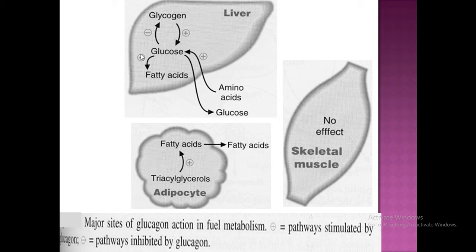But the conversion of glucose into fatty acid is inhibited. More amino acid uptake by the liver increases under the effect of glucagon. In the adipose tissues, triglycerides are converted into more and more fatty acids so that they come into the circulation and there is an increase in the plasma fatty acid level.